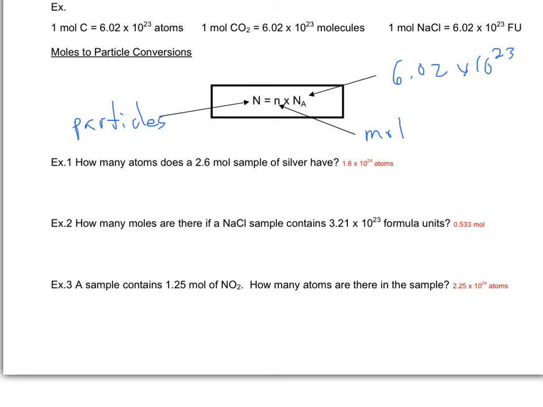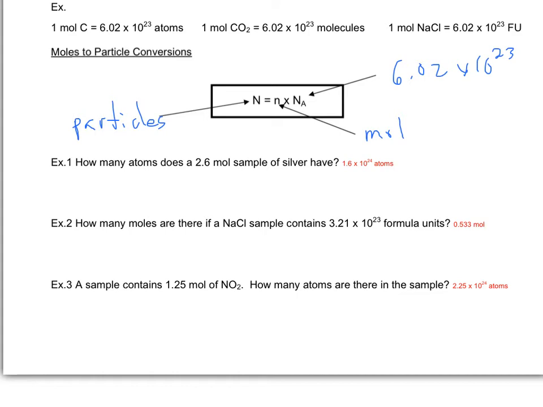Let's do some examples. How many atoms does a 2.6 mole sample of silver have? This is a calculation where we can just use this math equation straight and don't need to rearrange. So if I plug in what I know, I'm looking for particles in this question because it's asking me how many atoms are there in the sample.